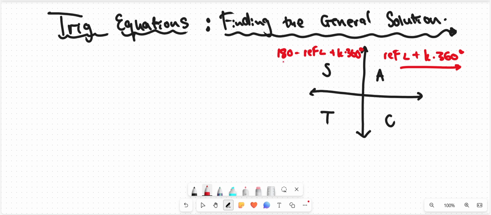That's in quadrant 2. So it's 180 minus reference angle. In quadrant 3, it's going to be 180 plus your reference angle plus k360. And in the last quadrant, this will be 360 minus your reference angle plus k360.